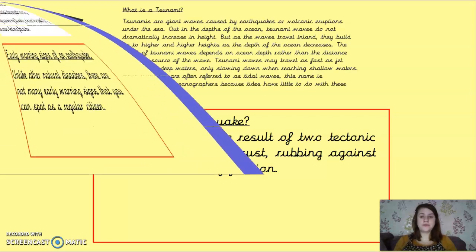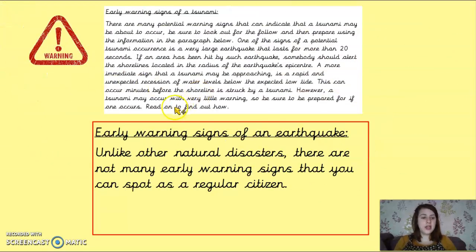Okay, so you've written your first paragraph. So now for our second paragraph, which is the final one that we are going to write today. So what our next paragraph is about, and I've put the symbol here, the shape here to remind you, is early warning signs of a tsunami. So what are the signs that you can look out for an earthquake? Now, these are slightly different because in the tsunami example, there were lots of things that you could see yourself.